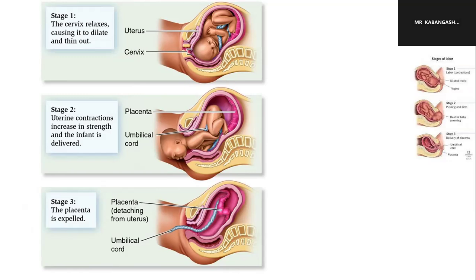So either way, that is not a good prognosis for the baby. It can be a sign of distress, sign of asphyxiation, and you may need to consider other options. So monitor fetal heart rate every half hourly, so 30 minutes apart, and then keep reducing as labor progresses.